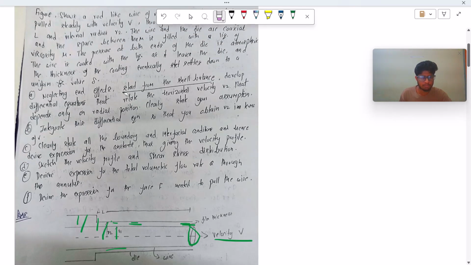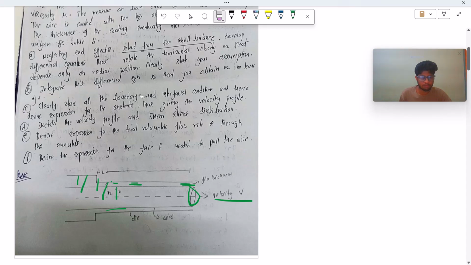In this problem, they say that neglecting all the end effects, start from the shell balance and develop a differential equation that relates our differential velocity dVz with our velocity profile.